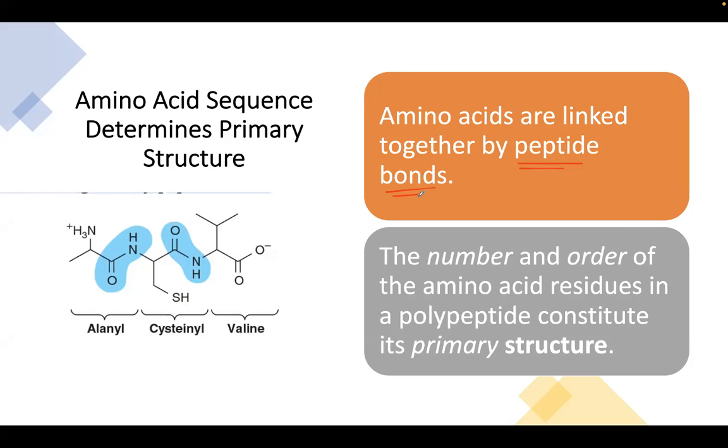Now, question, what test will you perform in the laboratory if you want to test for the presence of peptides? What is that laboratory test which yields a purple or violet color, which is indicative of the presence of peptides?